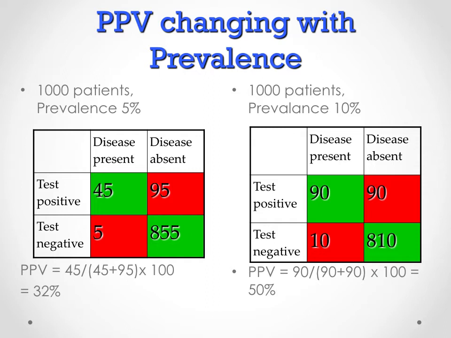We then divide the 45 true positives by all the people who have a positive test, and we get a proportion of 0.32, which when multiplied by 100 gives us a positive predictive value of 32%. On the right, I have done the same calculation, only with a prevalence of 10%. And what you can see here is that the higher the prevalence, the higher the positive predictive value.